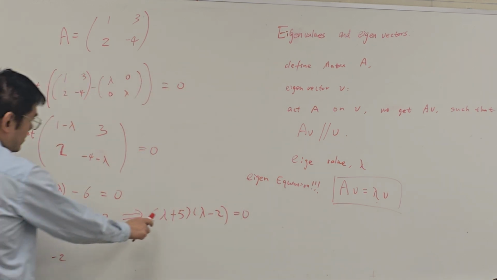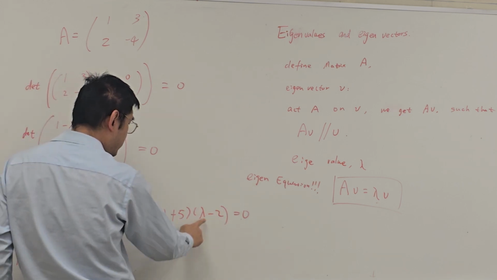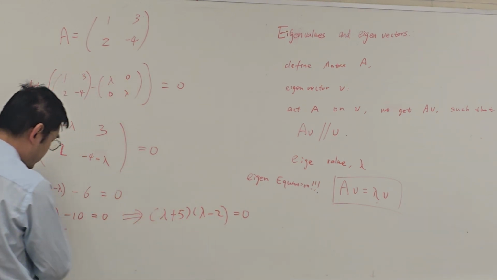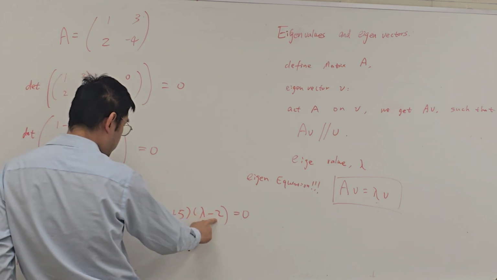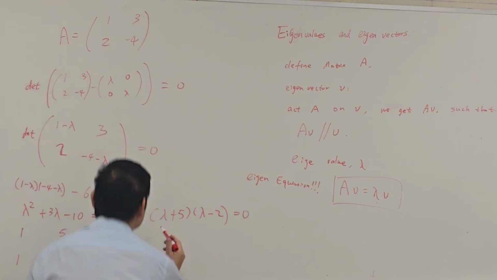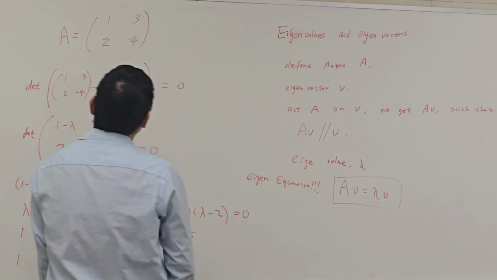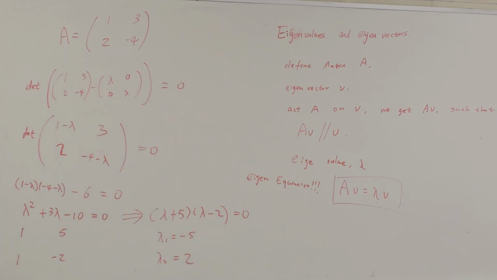Agree? Lambda squared, lambda times minus 2 and lambda times 5 will give me 3 lambda, and minus 2 times 5 will give me minus 10. So the solution is lambda 1 equals minus 5, lambda 2 equals 2. Those are my two eigenvalues.